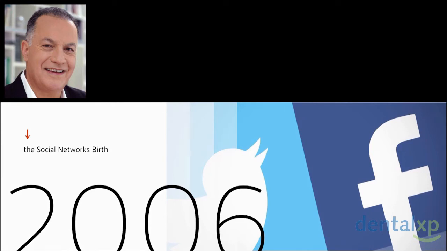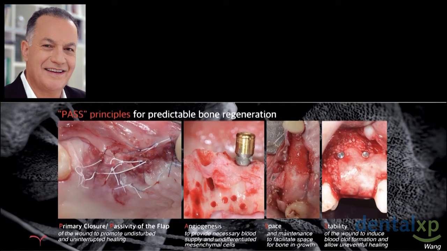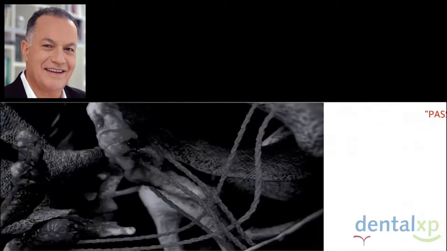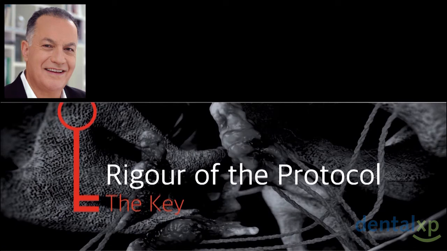2006, the birth of social networks, a revolution for millions of people and millions of young people, and this year we see Wang's PASS principle appear: primary closure and passivity of the flap, perforation for angiogenesis to receive blood supply, space to allow the bone growth, and stability by pins just to avoid any motion of the bone graft.